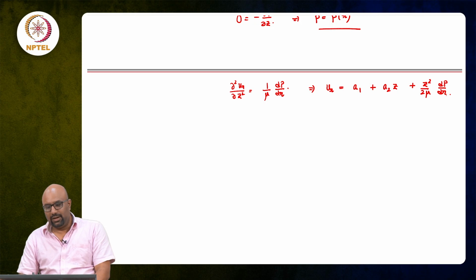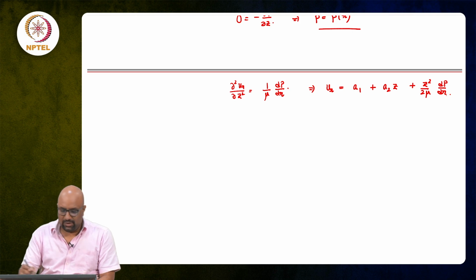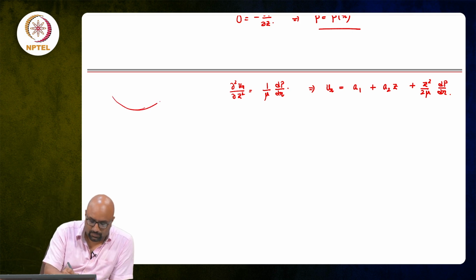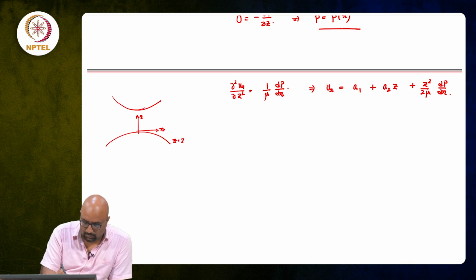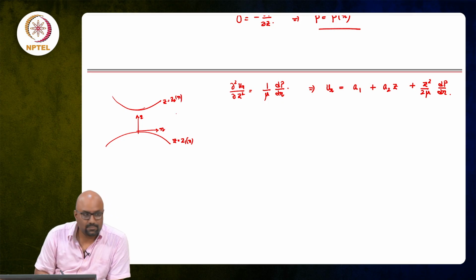What are the boundary conditions? What is the boundary condition in this problem? There are these two curved surfaces, right?